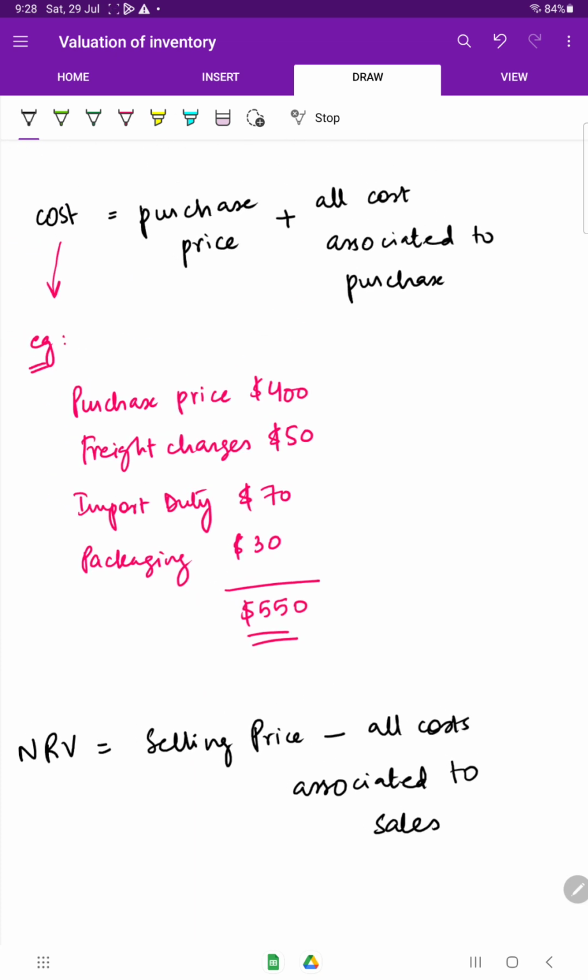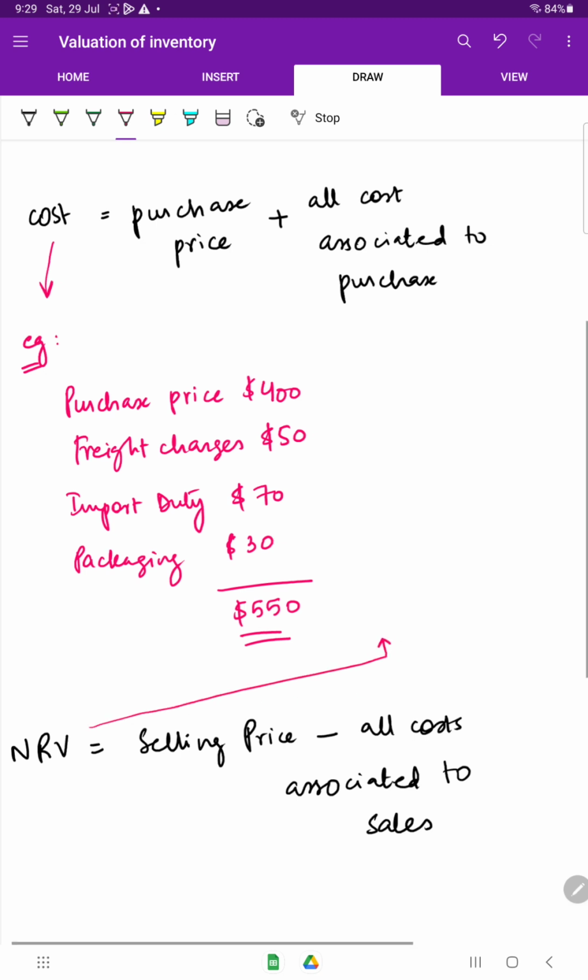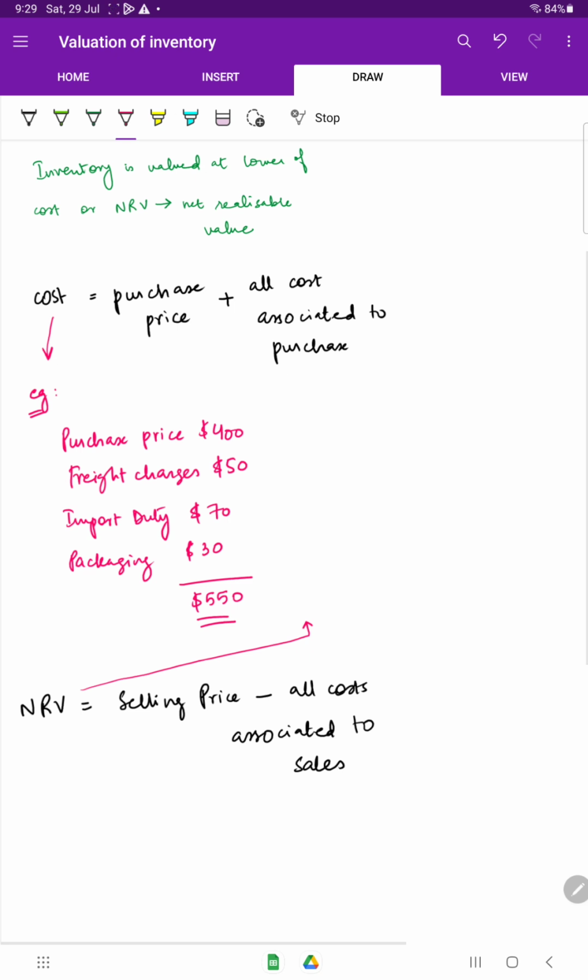In cost, you were adding all the costs associated to purchase to the purchase price, but in the net realizable value, you subtract all the costs that are associated to sales from your selling price. This was the example of cost, and now I am giving you an example for NRV.